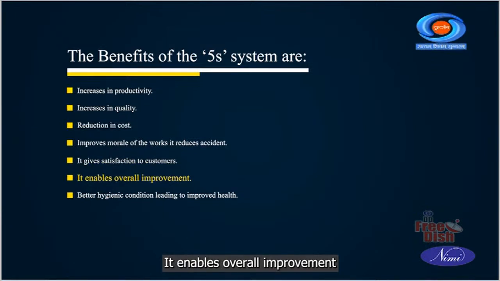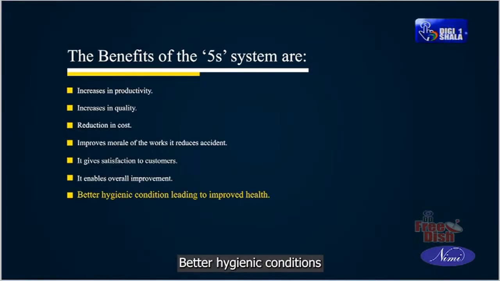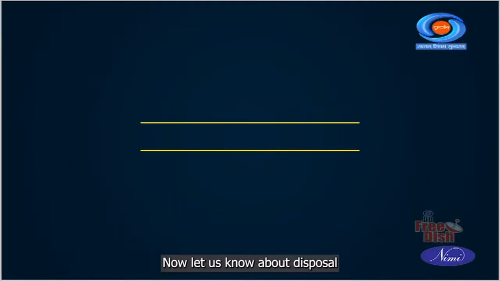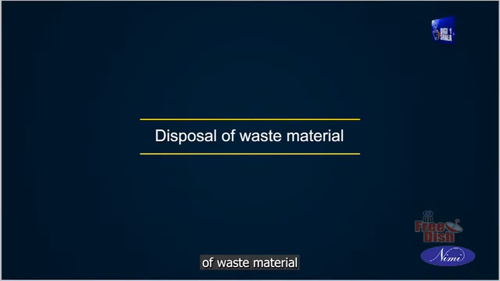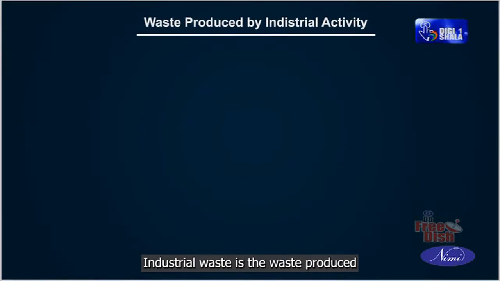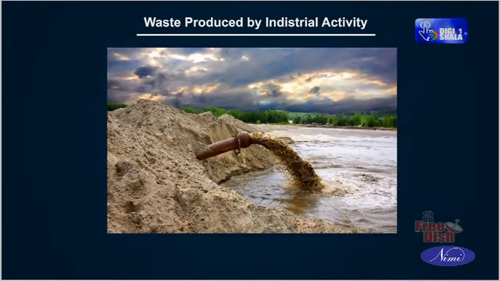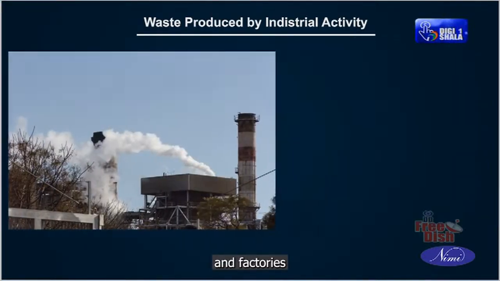It enables overall improvement, better hygienic condition leading to improved health. Now let us know about disposal of waste material. Industrial waste is the waste produced by industrial activity such as mills, mines, and factories.